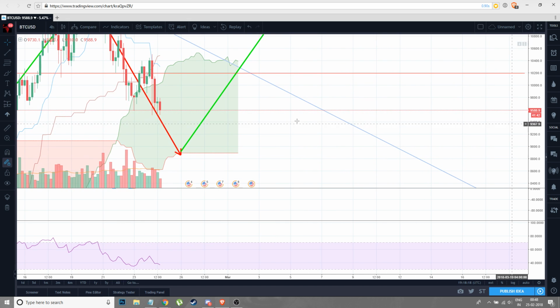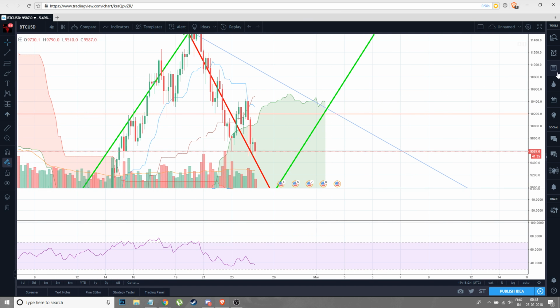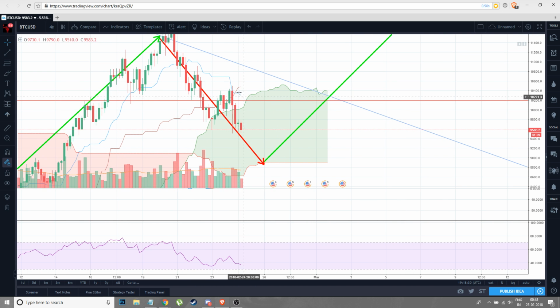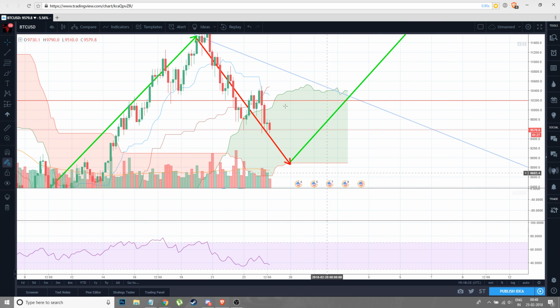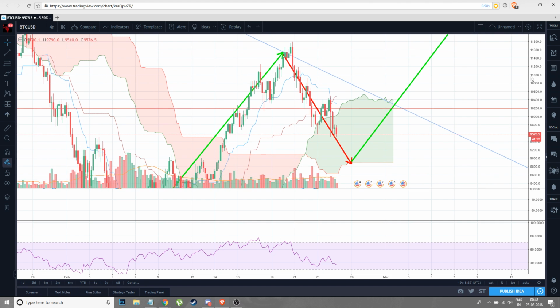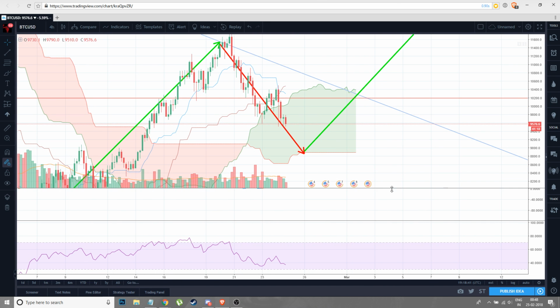And by the way, I tried to call this end-to-end yesterday, and people were saying that it'll bounce off the cloud. I'll talk about why it did not bounce. The obvious rejection from the cloud followed by a bearish TK cross was obvious yesterday, which is why a lot of people are short already. You should be, and I'll talk about why you should already be short if you're not. And if you're not short, there is one more possibility here that will allow you to get a short entry soon enough.